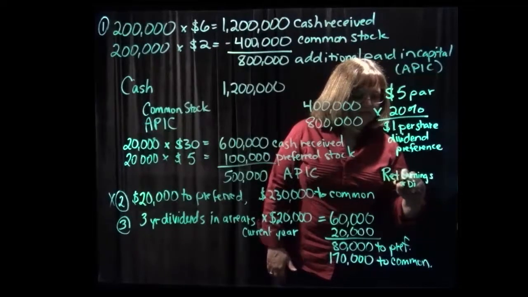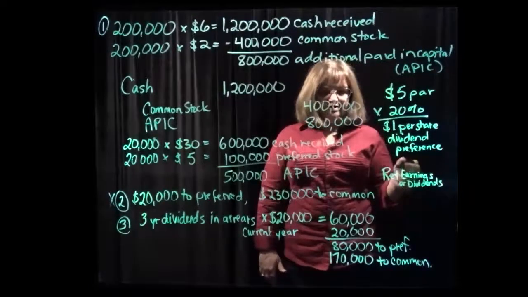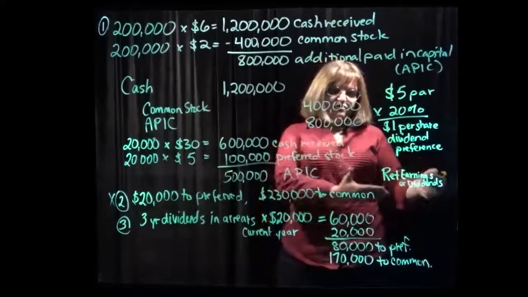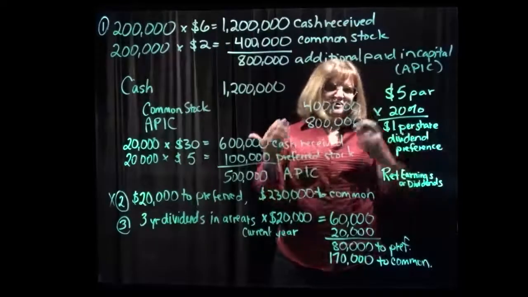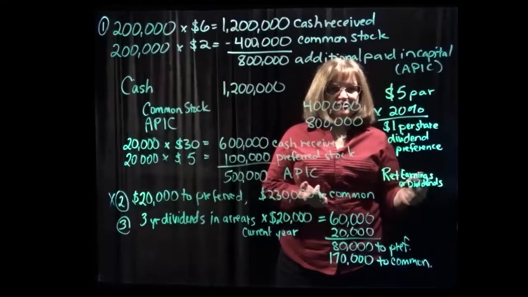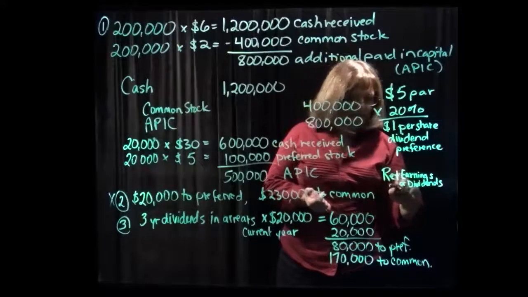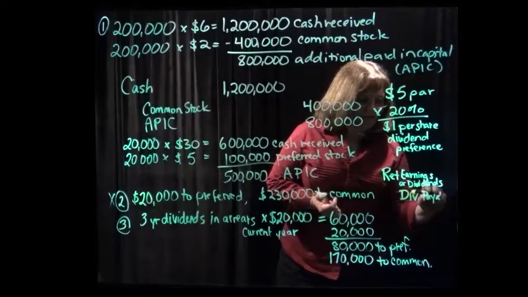If they don't use a dividends account, they can just debit retained earnings directly. If they use a dividends account, they would debit dividends, and then in their closing entries, they'll close the dividends account into retained earnings, so it will end up debiting retained earnings eventually. And then we would credit dividends payable, a liability account.